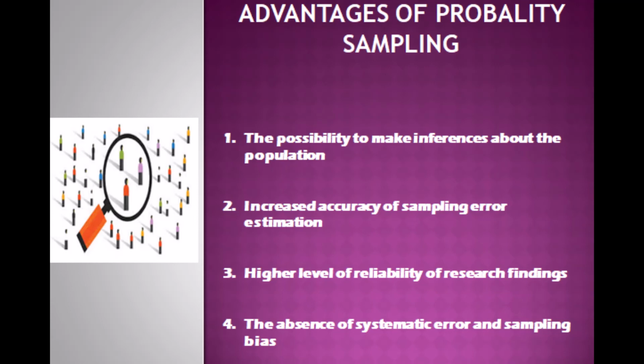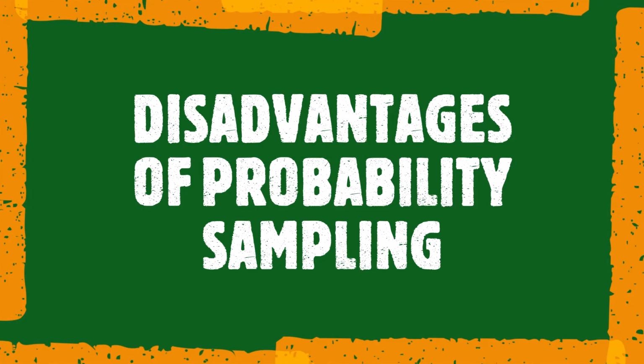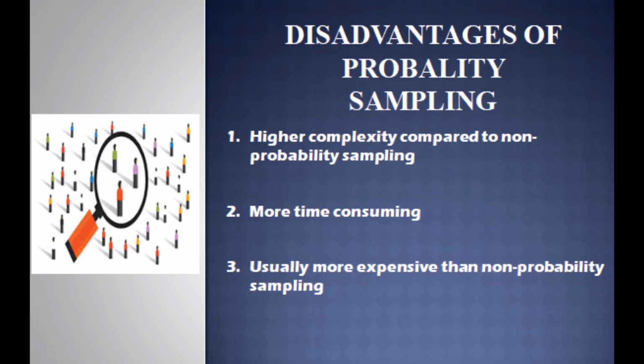But once we are able to implement and use the correct sampling procedure by probability sampling, we limit the systematic error that could be committed, as well as we limit the possibility of shutting out important or certain elements of the population, which we call sampling bias.